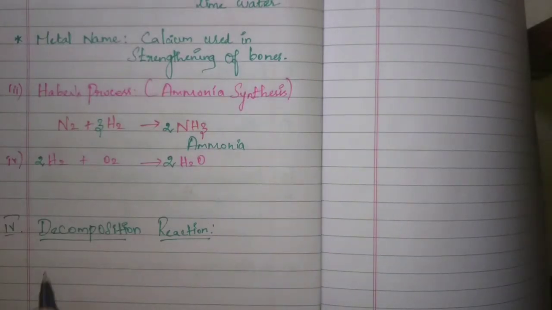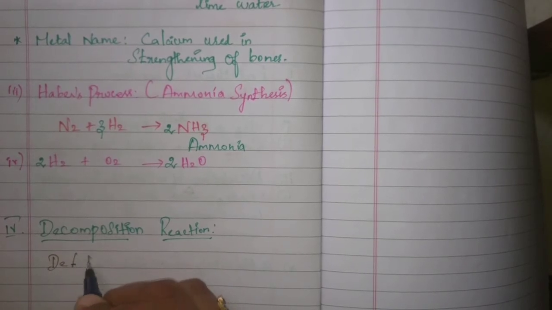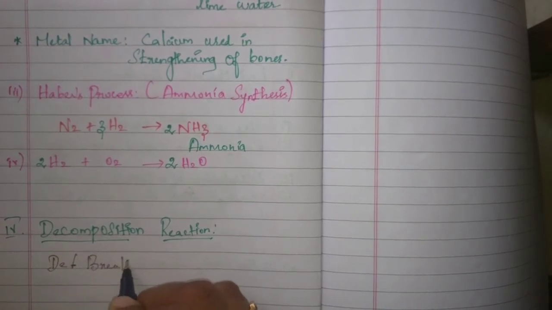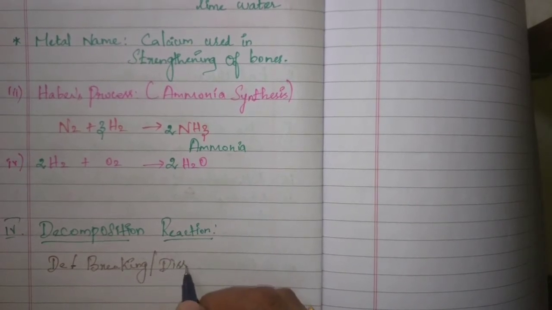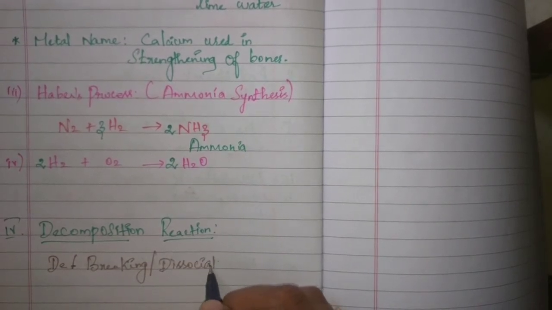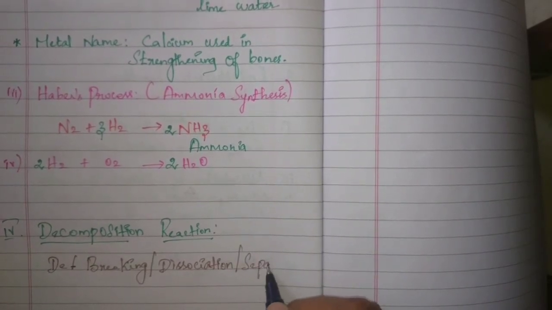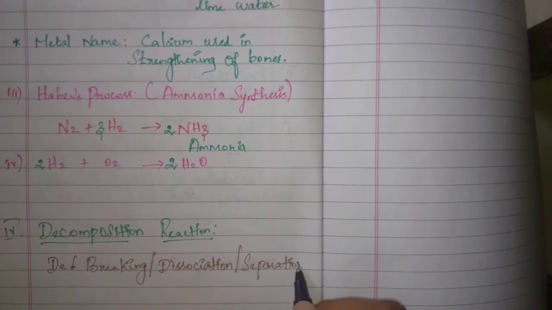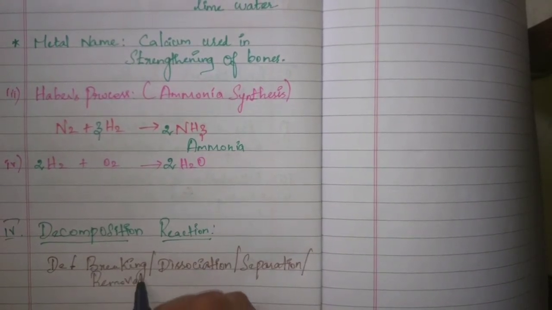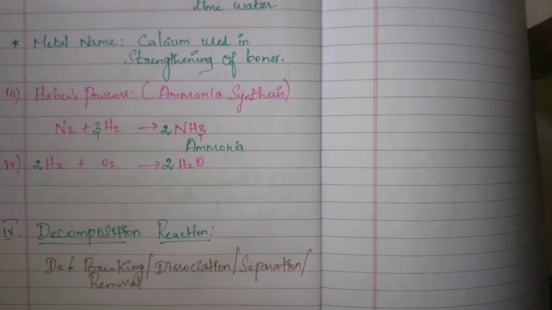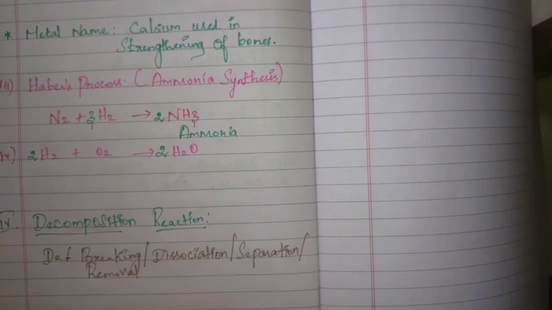So what is the meaning of DE? It means breaking, or dissociating, or separating. So this is the meaning, students. Separation or removal. Sometimes you may use dehydration, that is removal of water.